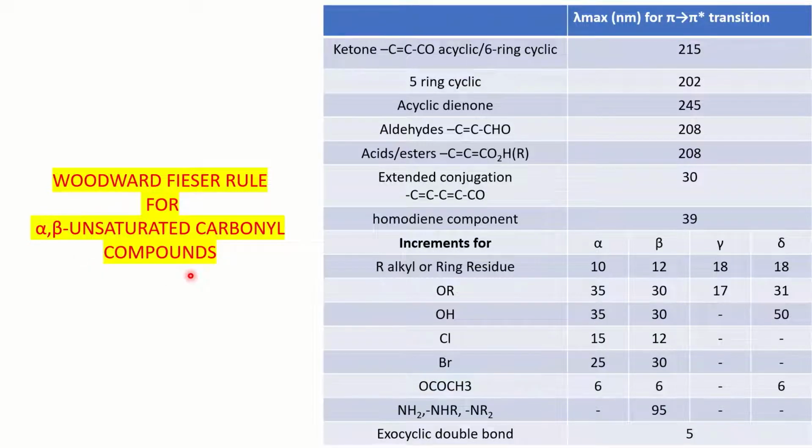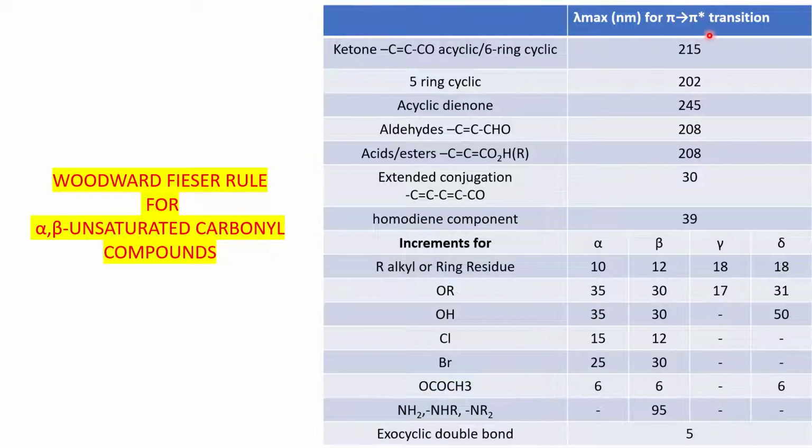If you learn these two parts, you can solve any problem for the lambda max value calculation for alpha beta unsaturated carbonyl compounds. Your compound could be either acyclic, or if it is a 6-membered ring carbonyl compound, that is ketone, then the base value will be 215. We are talking about the pi to pi star transition here, since the carbonyl compound will have n to pi star also because a heteroatom is present. But being a forbidden transition, the intensity of the n to pi star peak will be weak.